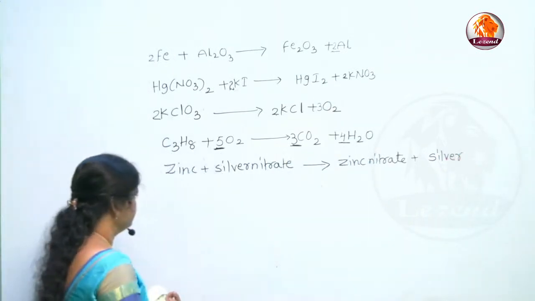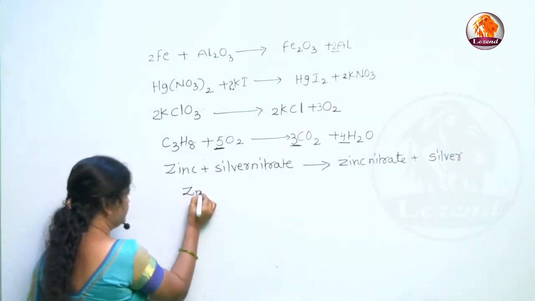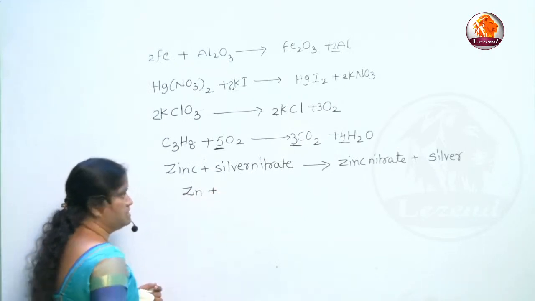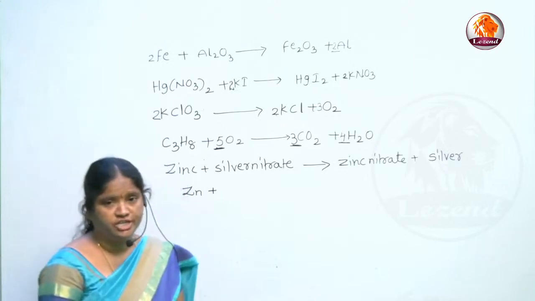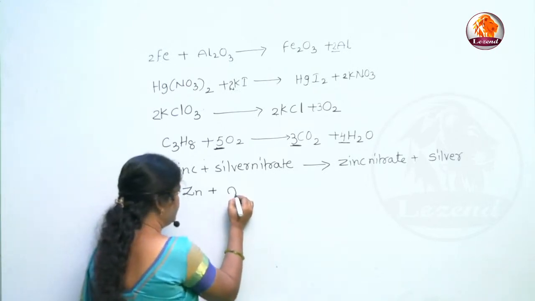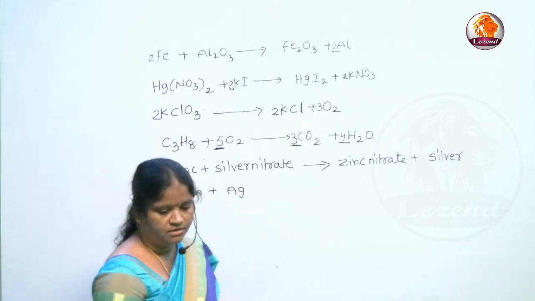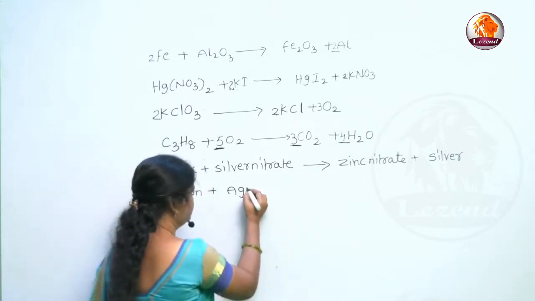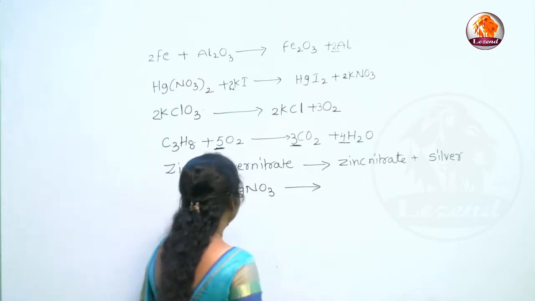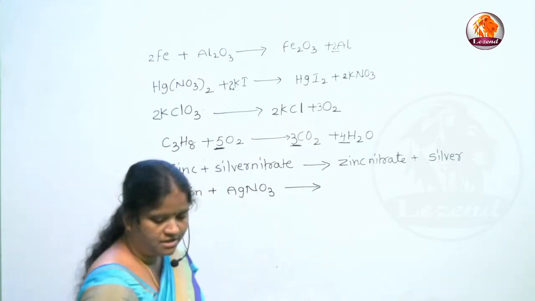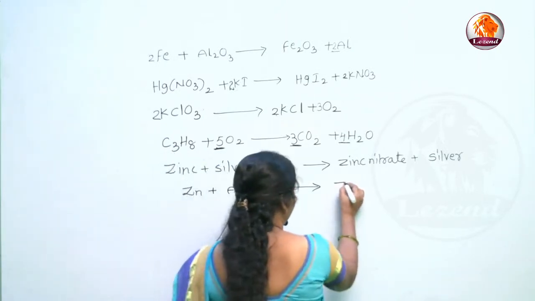Look at here, what is the symbol of zinc? Zn. Silver, the Latin name of the silver element is argentum, so the symbol of silver is Ag. AgNO3 is the formula of which one? Silver nitrate. Zinc nitrate: Zn(NO3) taken 2.